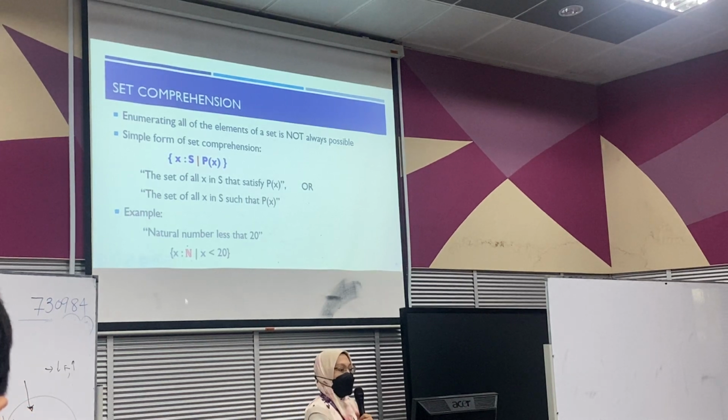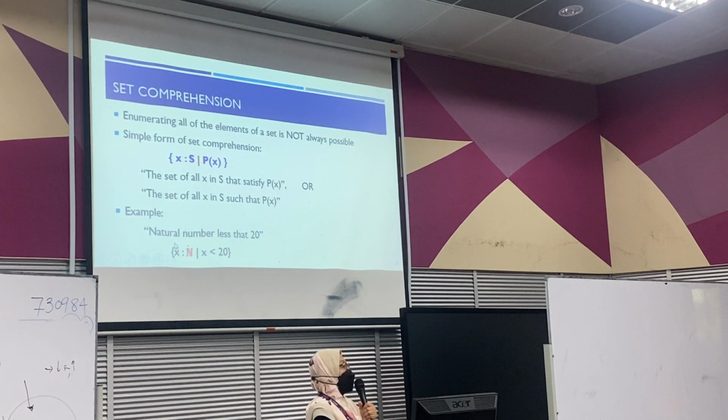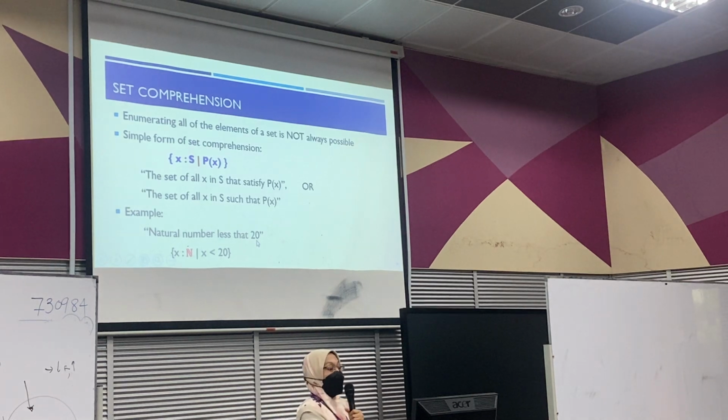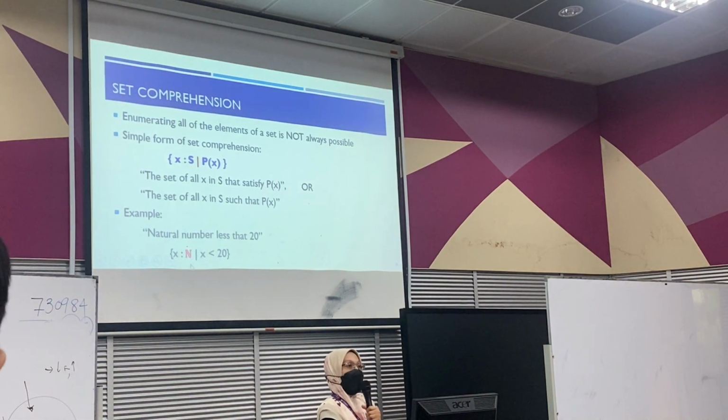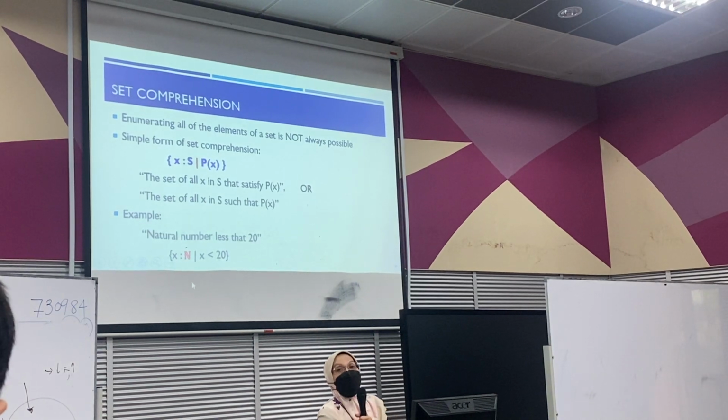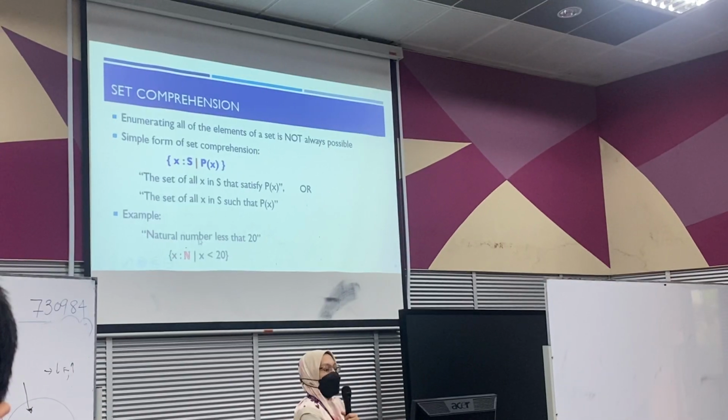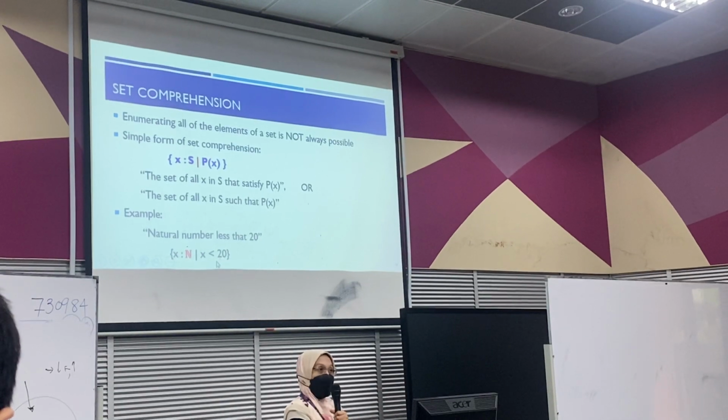That is what you have done in your tutorial. Same thing like this. If you want to represent the natural numbers less than 20, you can put x of type N, where, normally we call the bar as "where", x less than 20.